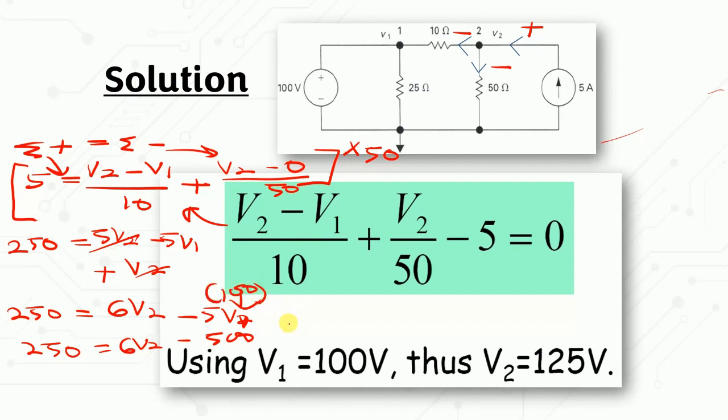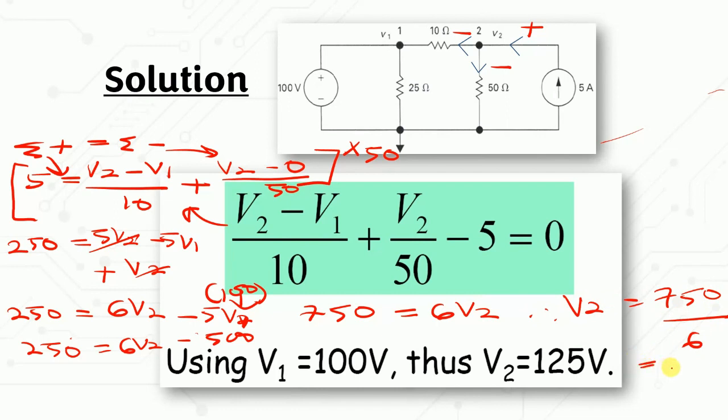Bring this over here and you will have 750 equal to 6V2. So V2 equals 750 over 6, which is obviously 125. So that's it.